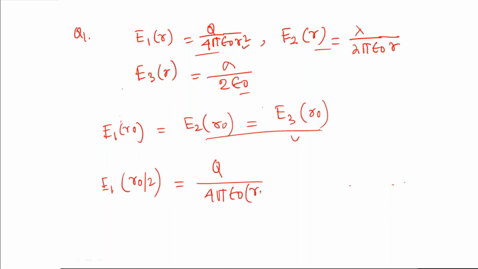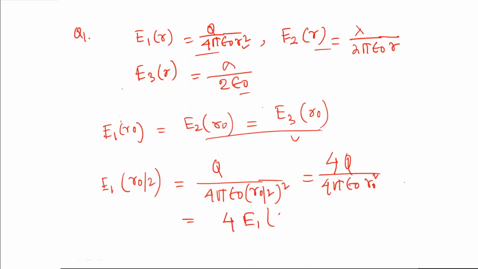So this is nothing but 4 into E1 at R0. If I simply put R0, this is the electric field at R0. So this is actually 4 into E at R0.